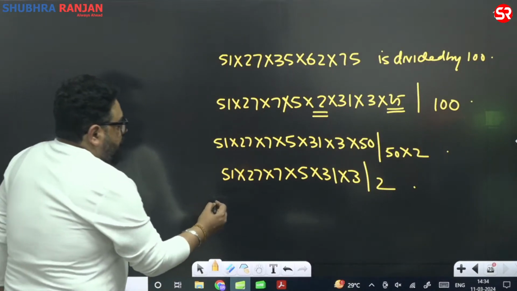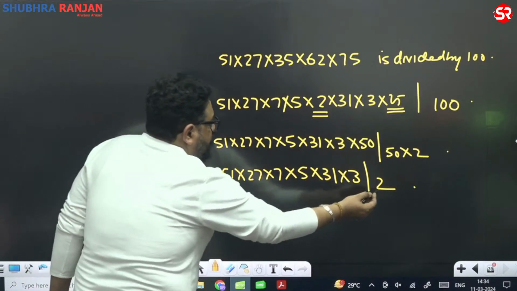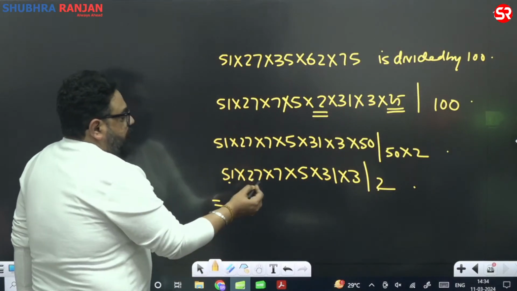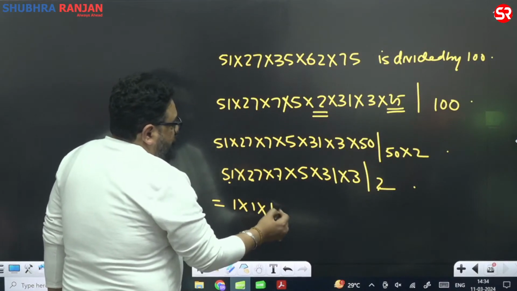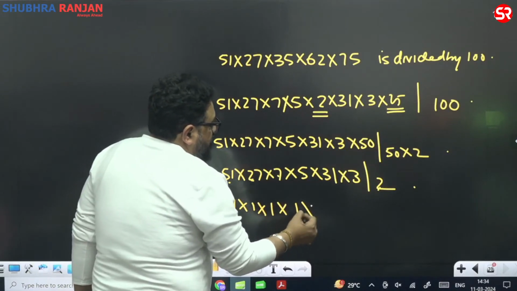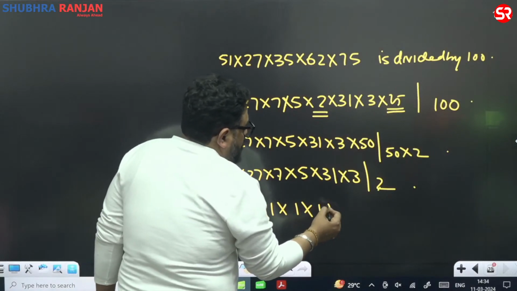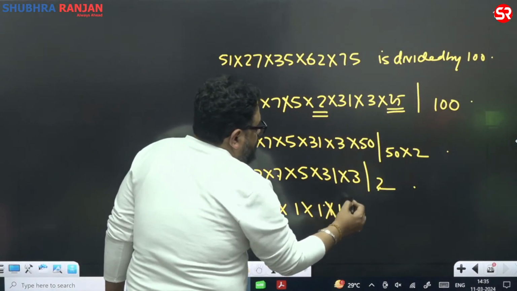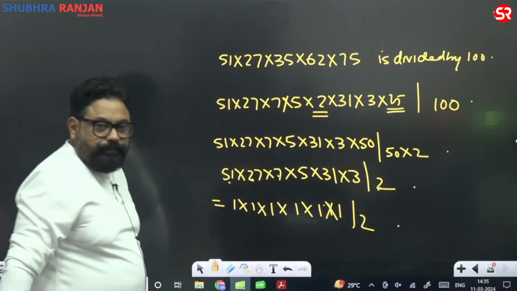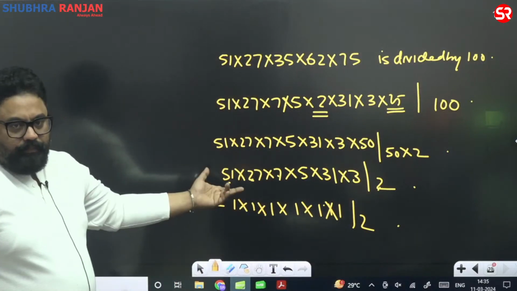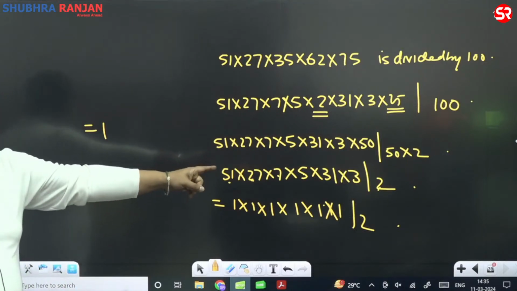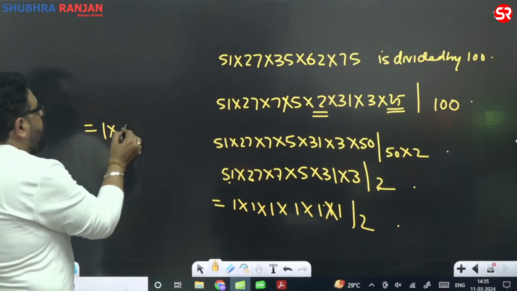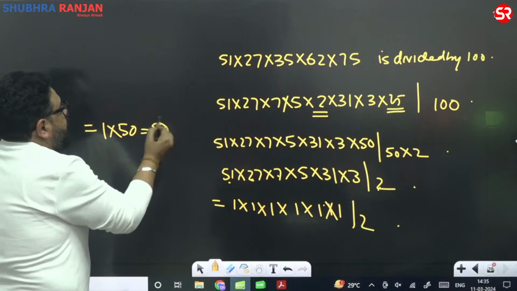Now 51 divided by 2, remainder is 1. 27 when divided by 2, remainder is 1. 7 gives you remainder 1. 5 gives you remainder 1. 3 gives you remainder 1. 31 gives you remainder 1. And 3 gives you remainder 1 when divided by 2. Isn't it? So answer is 1. What did you cancel up and down? Into 50. 50 is the remainder.